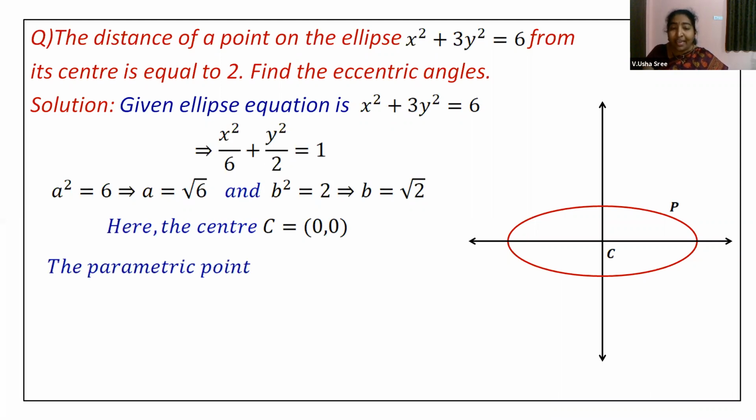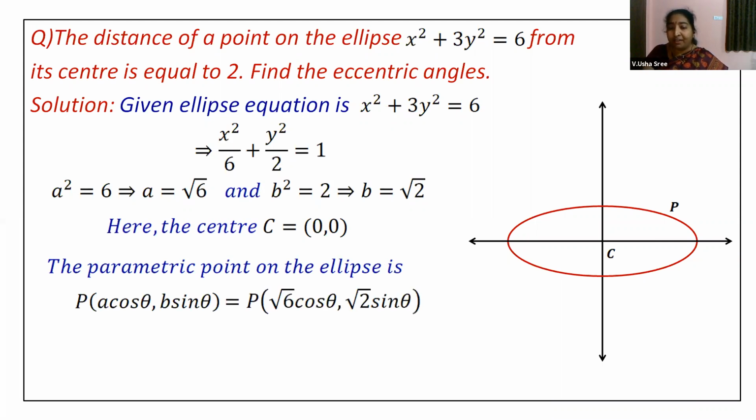What is it? A cos theta, comma b sin theta. So the coordinates of this point P, we have a as root 6 and b as root 2. We have just substituted and we got the coordinates of P in terms of theta.